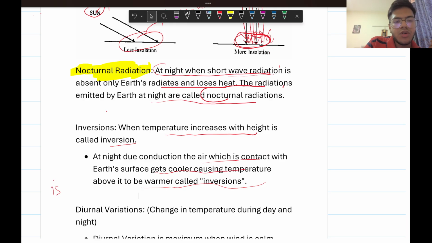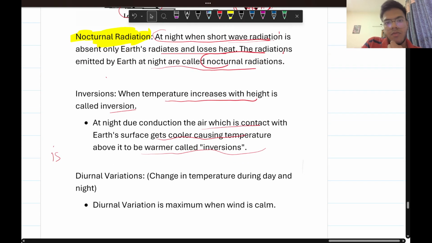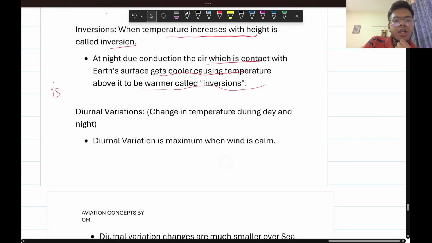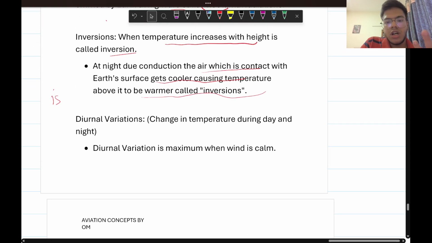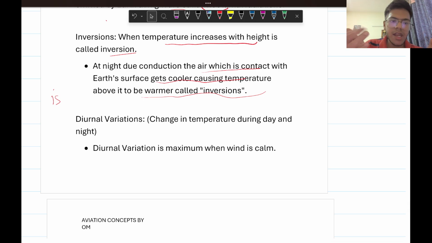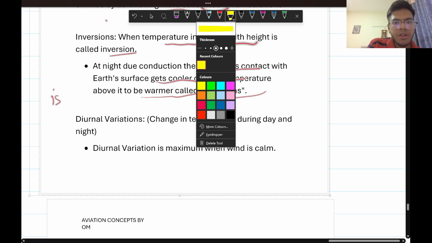Now, guys, there is something known as diurnal variations. What is this diurnal? Diurnal is change in temperature during day or night. How much difference there is in temperature between night and day is known as diurnal variations. Okay. Now guys, remember this thing, this is your exam question. Diurnal variation is maximum when wind is calm.